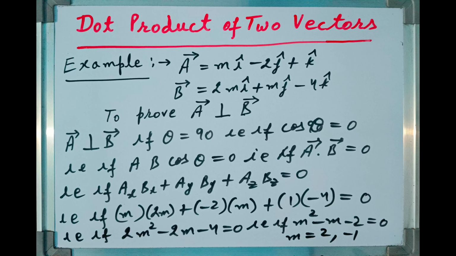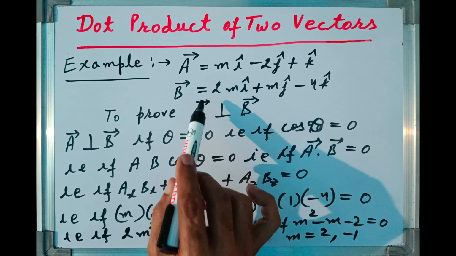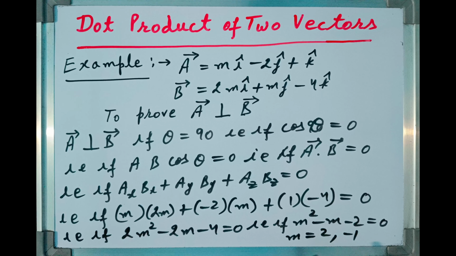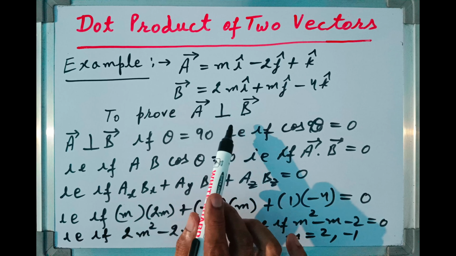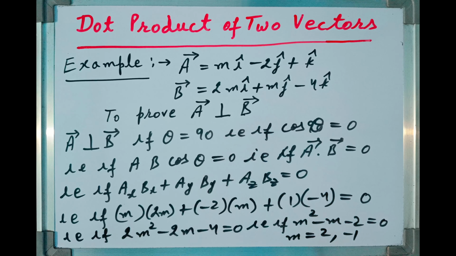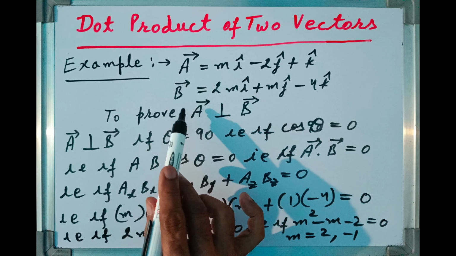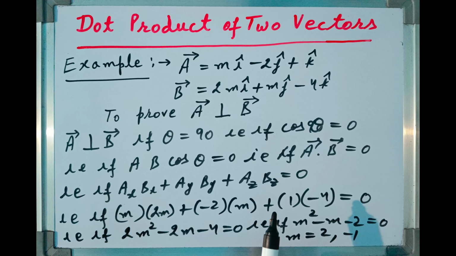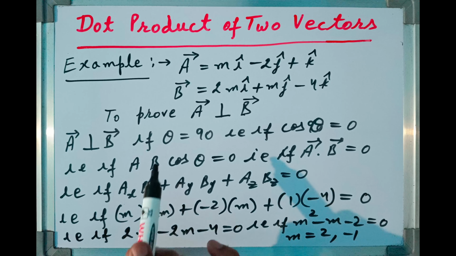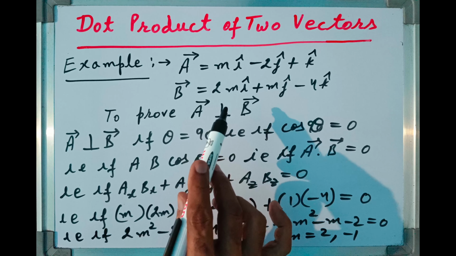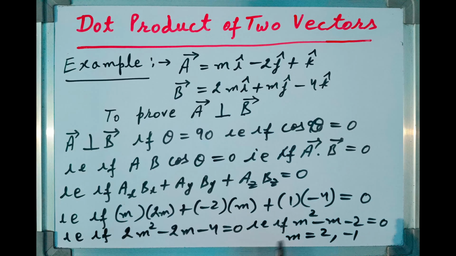So it is our required answer, that is, if m is equal to 2 then vector A will be perpendicular to vector B. Even if m is equal to minus 1 then again A vector and B vector will be perpendicular to each other. This is how we can use the formula previously derived to find the value of m so that vector A and vector B are perpendicular to each other. That's all.